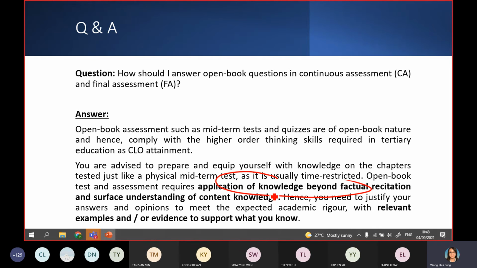So your opinion, your view, does not mean right or wrong. It's only good or bad. If you can justify your view with relevant examples and evidence, then actually it is okay. The poor answer is you do not know how to justify. There is no view. There is no opinion of yours. You purely just get your answer from the article. Then that one is actually quite bad.